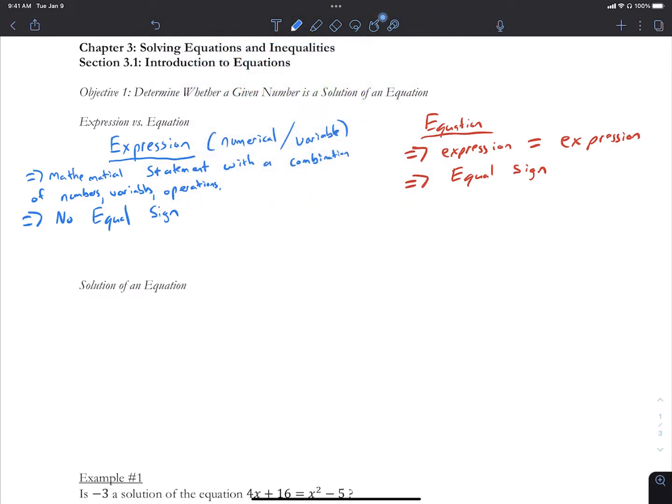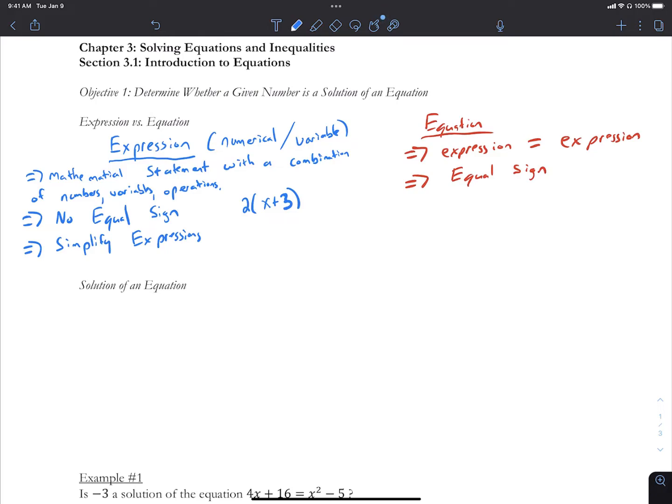And when talking about expressions, what we do with expressions is we simplify expressions. So, like if I have 2 times x plus 3, this is an expression.